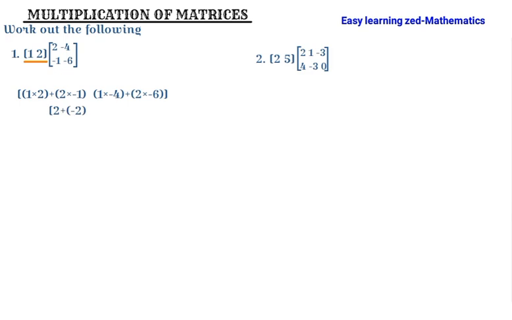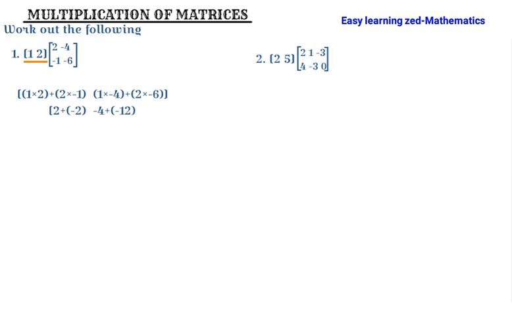So now we have 2 plus negative 2. Then we cross to the other side, where 1 by negative 4 will give us negative 4, and 2 by negative 6 will give us negative 12. Then I'm going to find the sum of these two expressions.